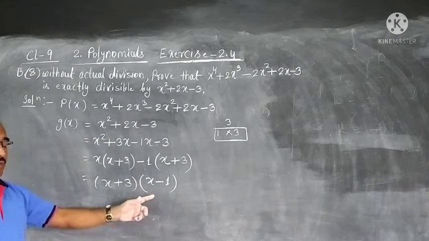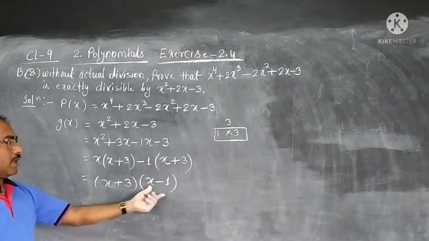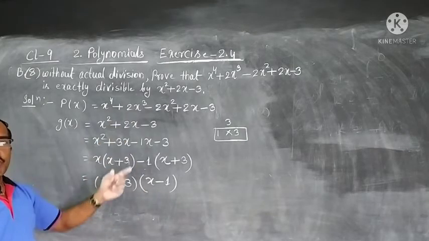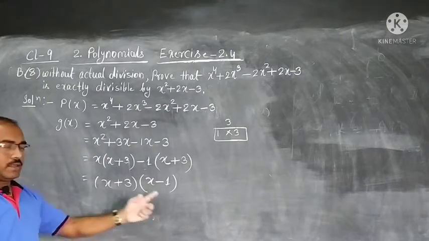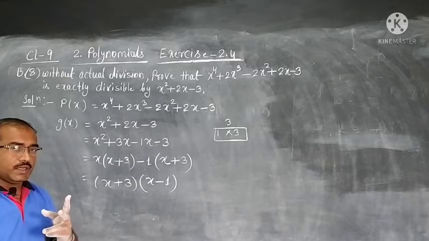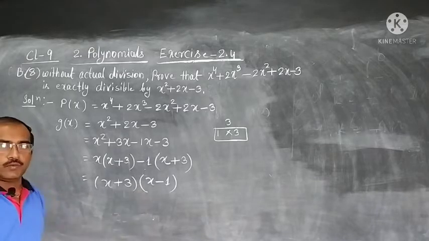Now, what will we do? The divisor has two parts. So, one after another we will divide this polynomial by each of the divisors. We have two factors in the divisor, x + 3 and x − 1. With any one we can start the work.